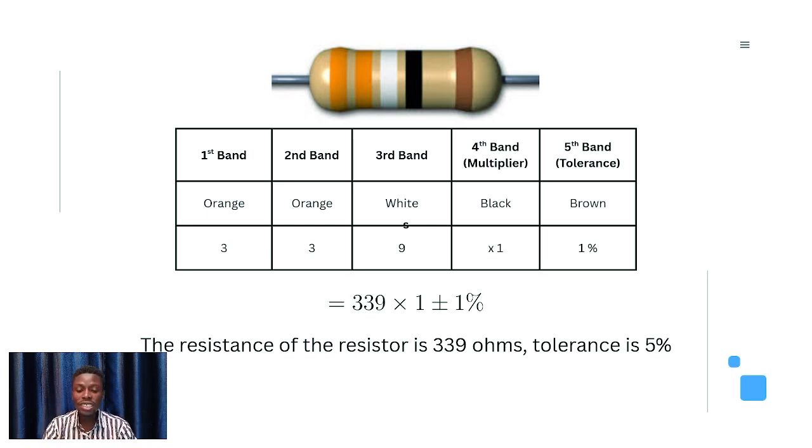If it were to be 5%, you'll be looking at almost 10 ohms difference. So the resistance can fall between 329 and 345, which is a wider range. So when you are dealing with precision measurements, maybe you want to measure the exact voltage in your project, you want to sense what is going through, and you need precision, go for precision resistors. So we've talked about color codes, and let's talk about resistors in series and in parallel.